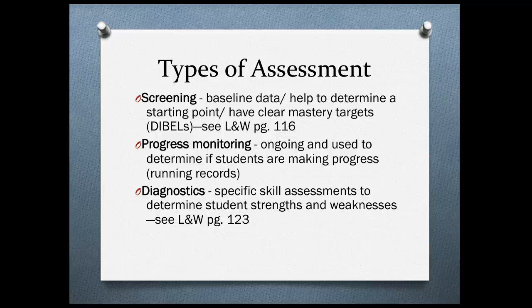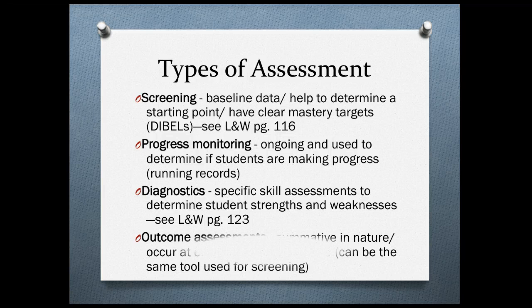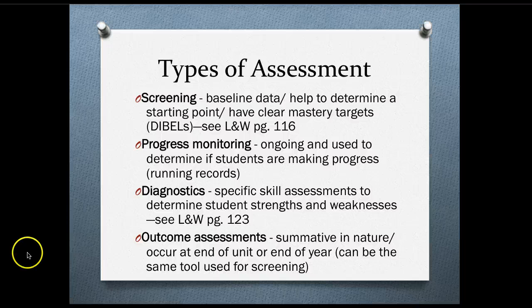So I feel like this part comes before progress monitoring. Outcome assessment is summative in nature, occurring at the end of the unit or end of year. It can be the same tool used for screening. One of the things I do want to highlight is that we're really focusing on diagnostics in our course. You're going to be learning how to use different types of diagnostic tools and how to create an intervention plan for your student.